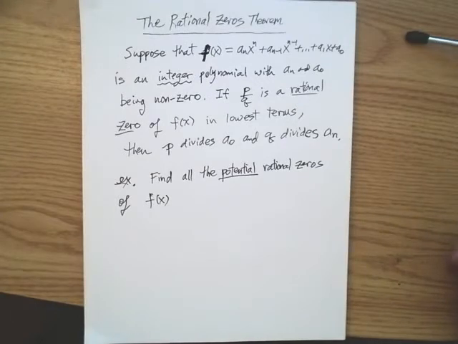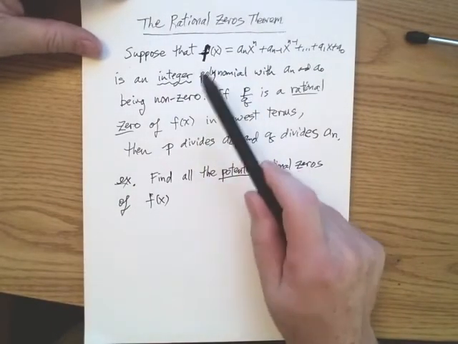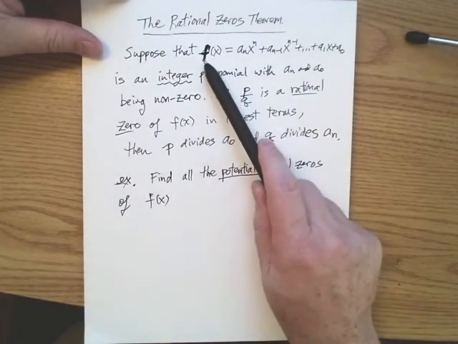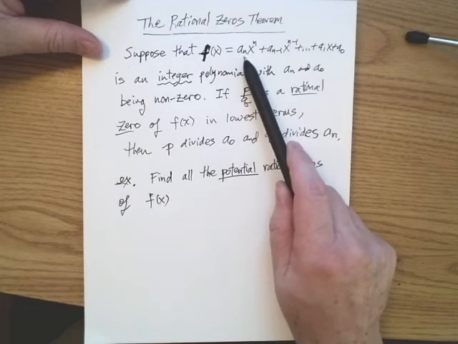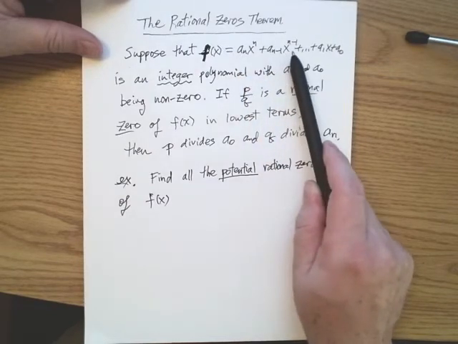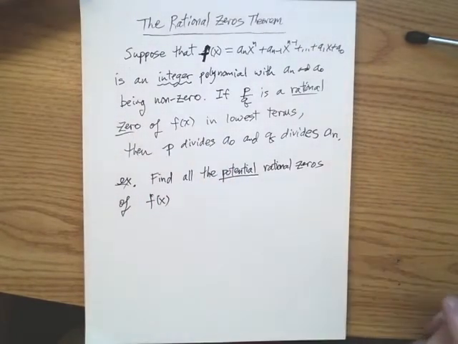Okay, next let's talk about something else that's not too difficult here. This is something called the rational zeros theorem. Suppose that f of x, I'm not calling it p of x this time for a certain reason. I'll show you here in a second why. Let f of x be a sub n x to the n plus a sub n minus 1 x to the n minus 1, and so forth all the way down, be an integer polynomial.